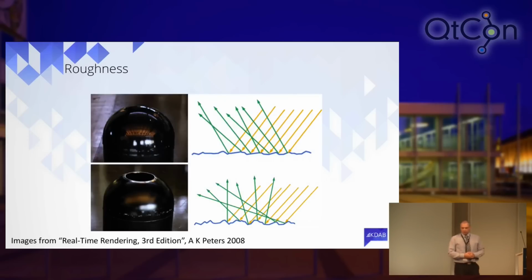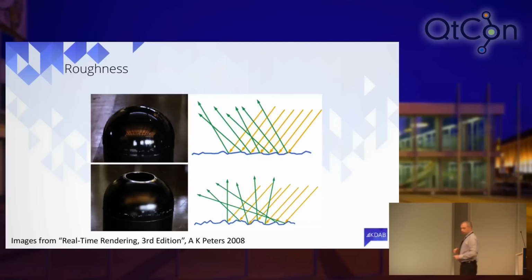So as an example here, we can see how the microfacet normal distribution function affects the reflection. Now we're talking about specular things. So we have light rays coming in. These are the yellow lines, and they hit our surface at whatever point, and then they bounce around the normal vector for that particular facet. Now, if our normals all more or less point in the same direction as our macroscopic normal, we get a very nice, sharp, shiny highlight, as shown in the top left there on the object.